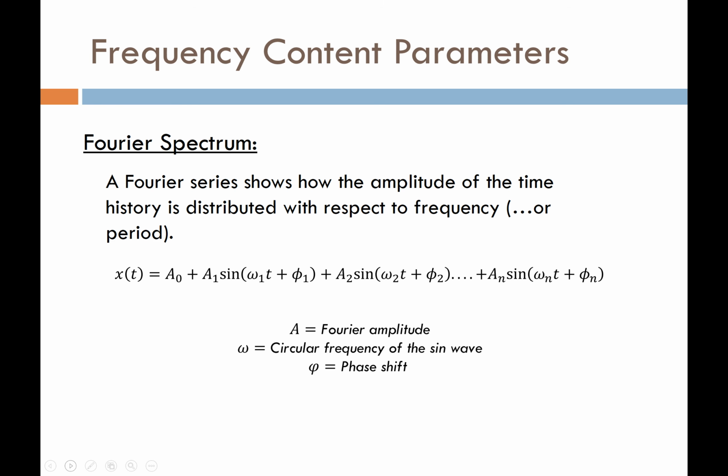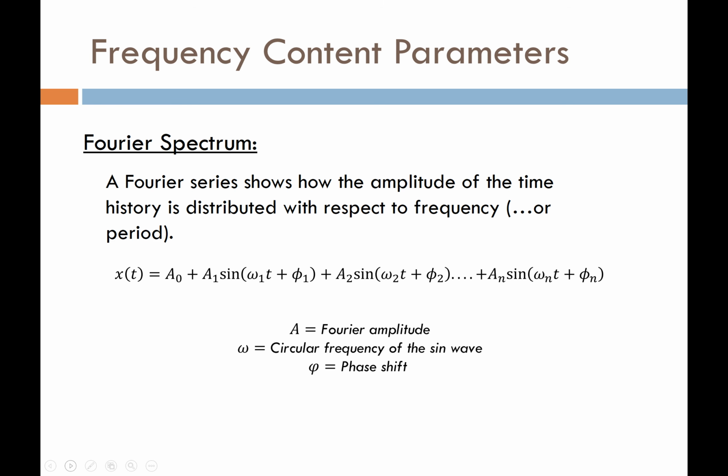The Fourier spectrum comes from the Fourier series, which breaks down a complex wave signal into a summation of a whole bunch of simple harmonic sinusoidal waves. In other words, we can take any really complex wave signal and break it down into a series of these harmonic waves that, if we add them together, we get the complex wave. That's the entire basis of the Fourier spectrum.